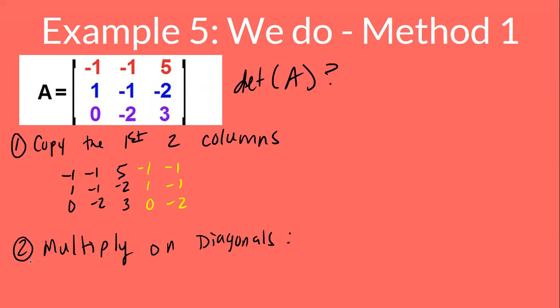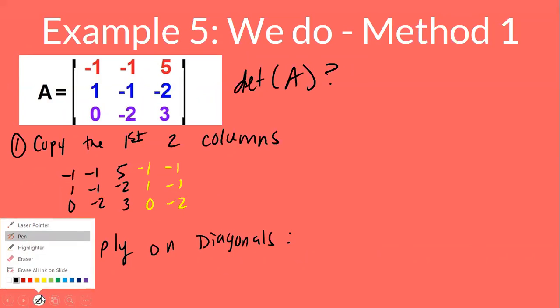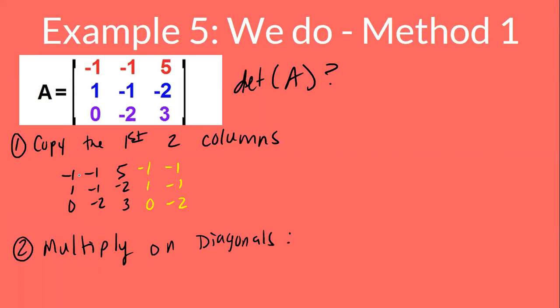Tell me if the blue was an okay color for y'all to see? So I'm going to go diagonally. So that's my first diagonal. So I have negative 1 times negative 1 times 3. So again, I'm looking for the determinant. And first is going to be negative 1 times negative 1 times 3.